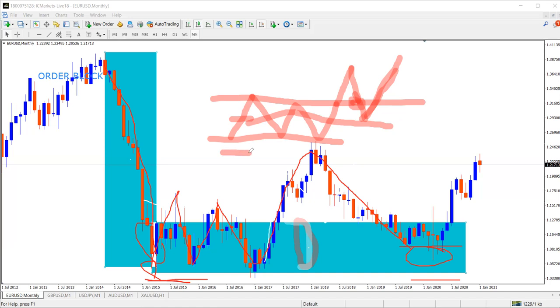When you place your entry here, definitely there will be a low at this candle. Anytime an order block forms, the price will come back to collect some liquidity, so there will be some lows.